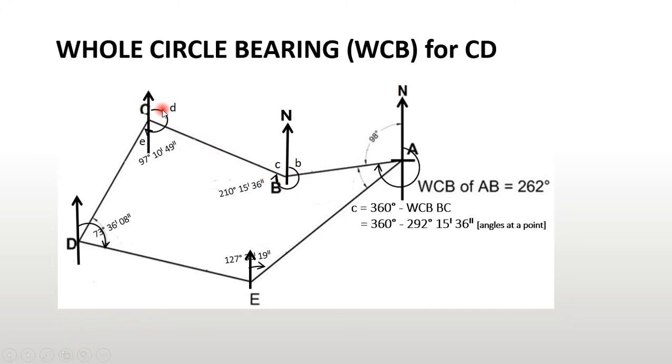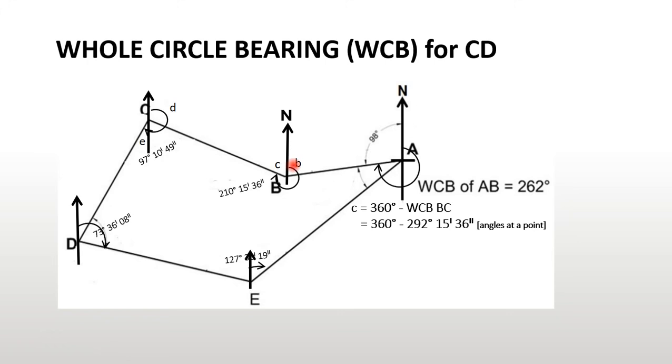For us to determine the value of angle D, we need to work out the value of angle C, so that if we add D plus C, it's going to give us 180 degrees, which are allied angles.